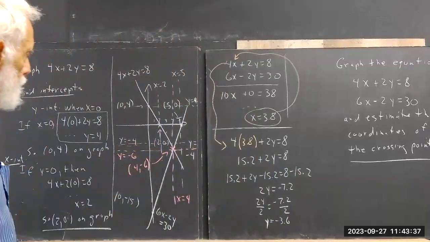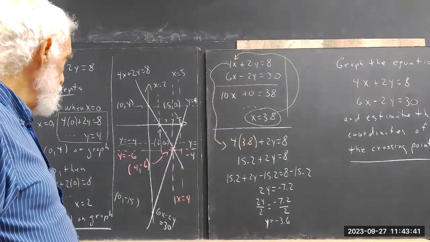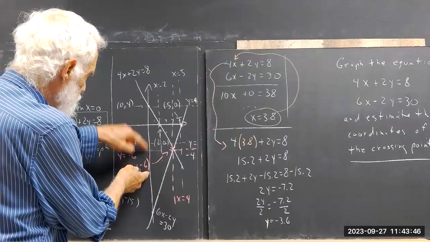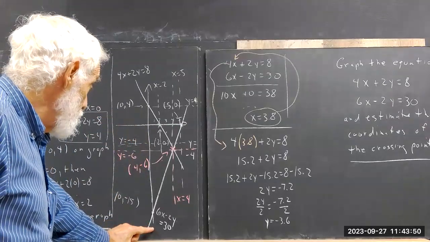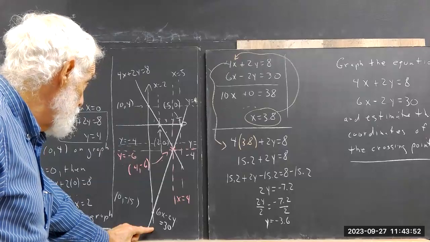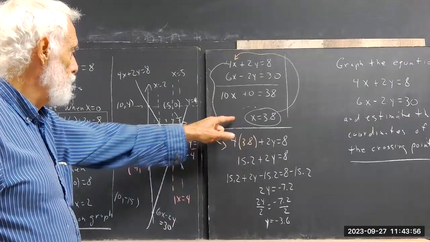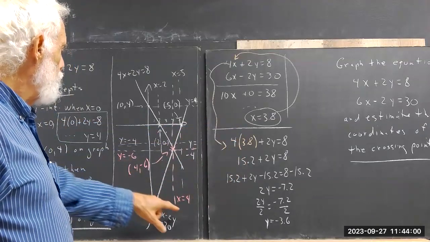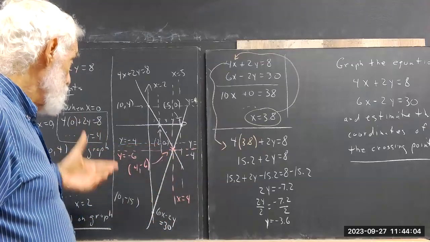So you see, on our graph, I don't know how we ended up being that far off, but we sure did. Anyhow, the best value of x is 3.8. Well, we estimated 4 for the crossing point. It's actually 3.8.